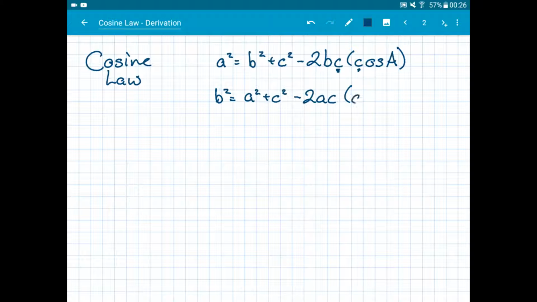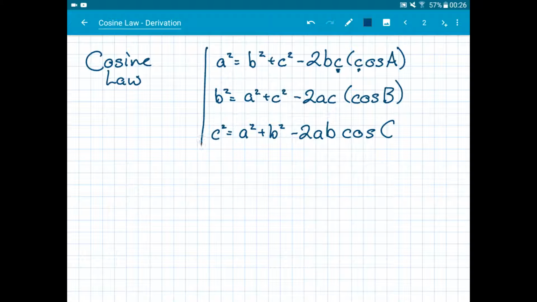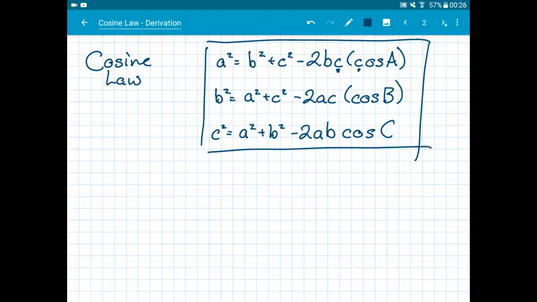And again, I'll do the same thing, cosine b. Put that in brackets. c squared is equal to a squared plus b squared minus 2ab cosine c. There you go. There's your three forms here, right? Put that in brackets just to keep it the same.